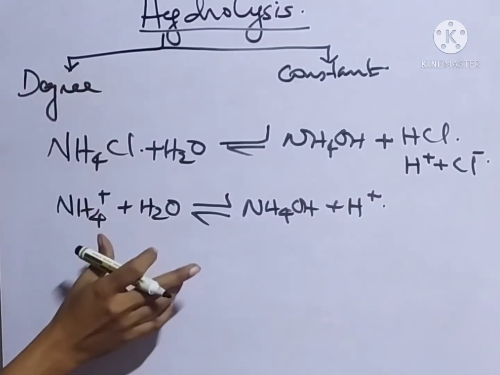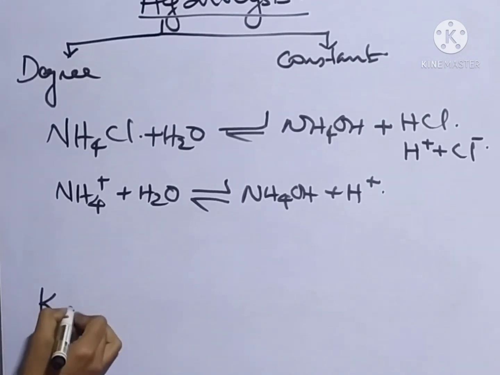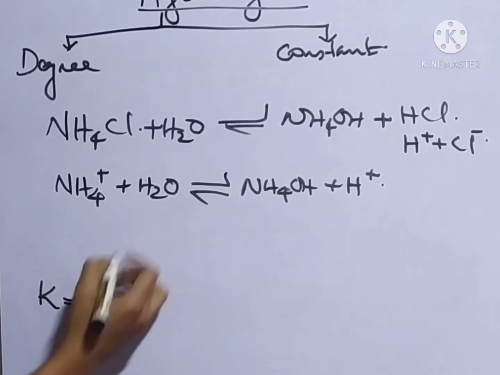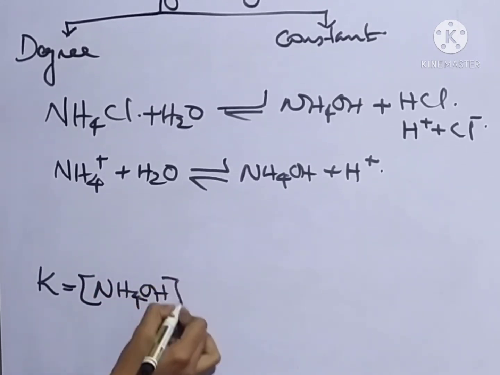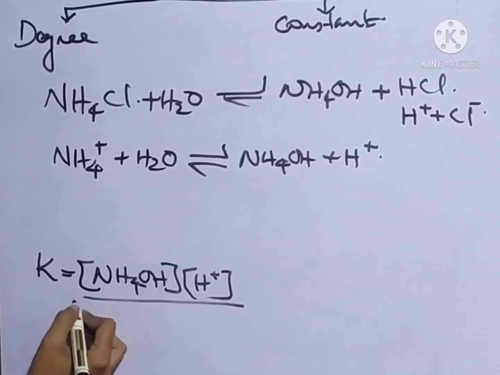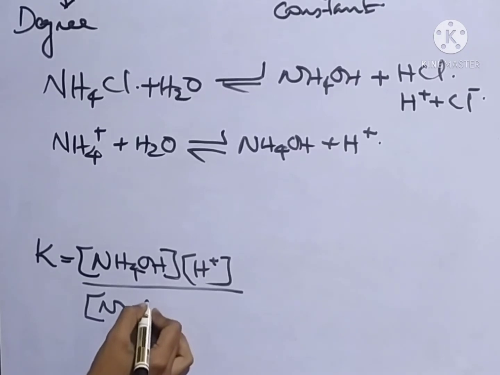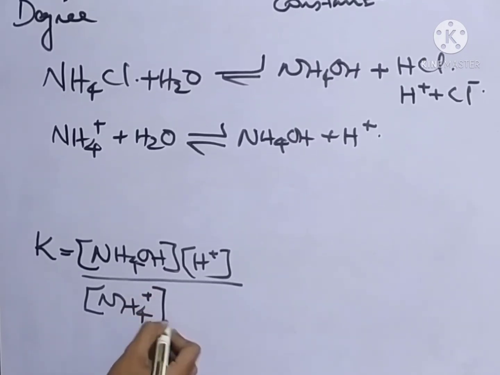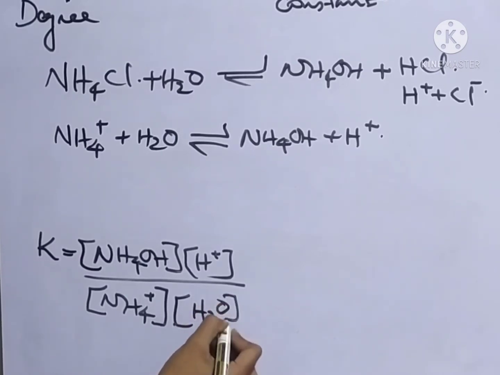Since this is an equilibrium reaction, we can calculate the equilibrium constant K. K equals the concentration of products, NH4OH into H+, divided by the concentration of NH4+ into water.